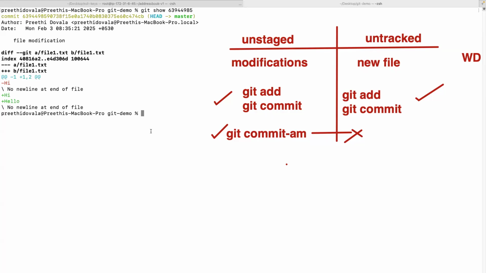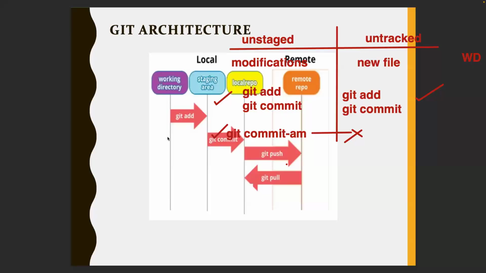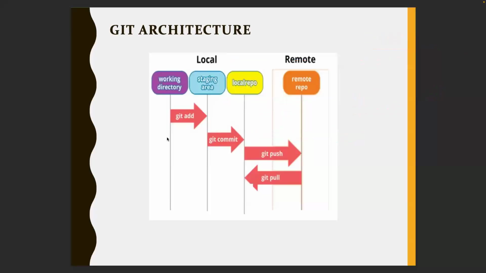Okay, so the main thing is once we commit, it will store on the local repository. Once we edit, it will come back in the working directory. Come back means logically. You have to understand. It's the same folder, git demo folder, right? Logically, yes. Only that new line you added will be in the working directory.